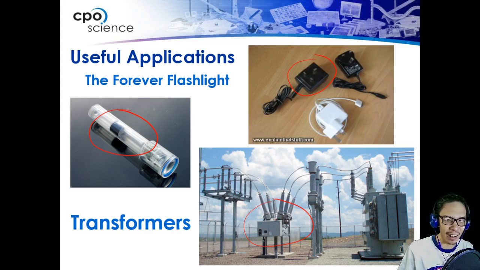That amount of voltage will not be allowed to enter your appliances, or else your appliances will explode. So thanks to this transformer that uses electromagnetic induction, it changes this voltage from a higher voltage to a low voltage form.